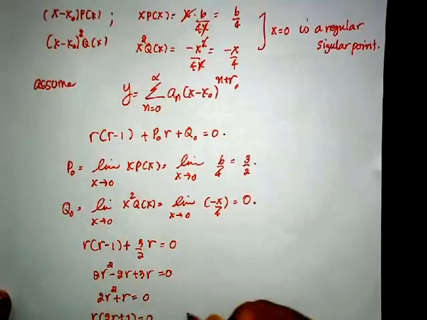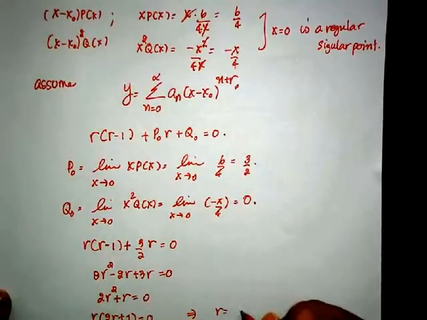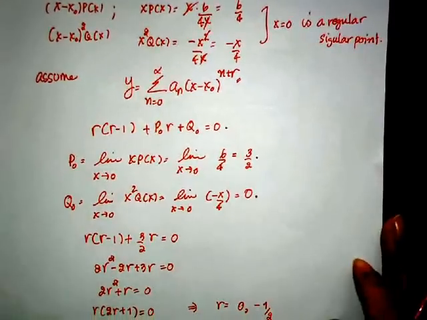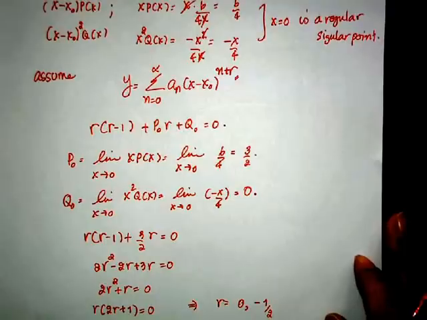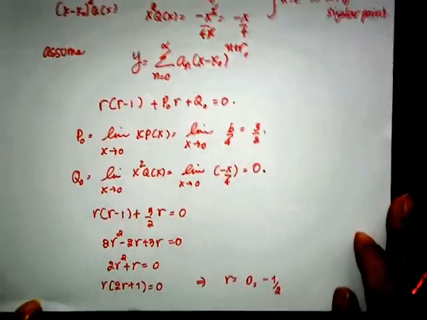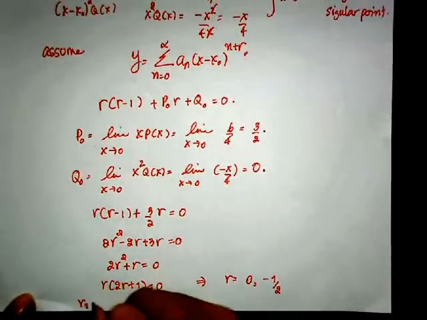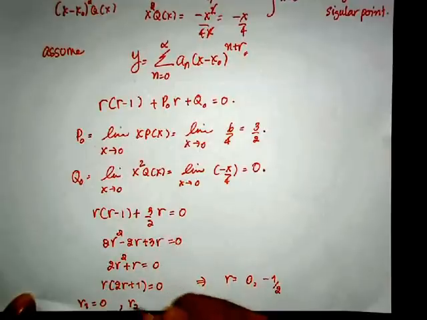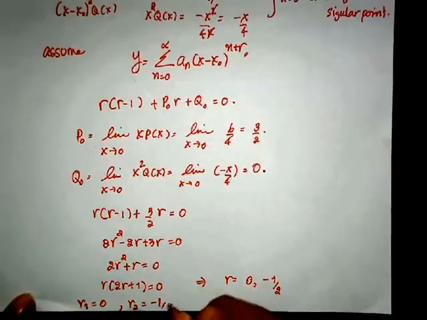So we got two values of r, r equal to 0 and r equal to minus 1 over 2. So which one is r1? r1 equal to 0 and r2 equal to minus 1 over 2.